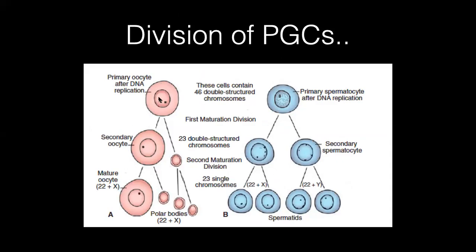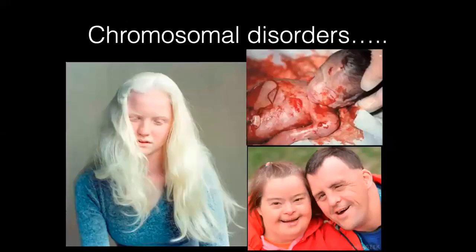Completion of one meiotic division gives rise to only one mature oocyte, and the rest are all polar bodies. Whereas in male, equal division of cytoplasm takes place, giving rise to four same type of spermatids, without any difference. So this is what we had seen, difference between male and female.